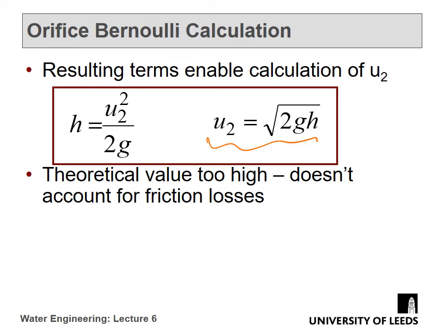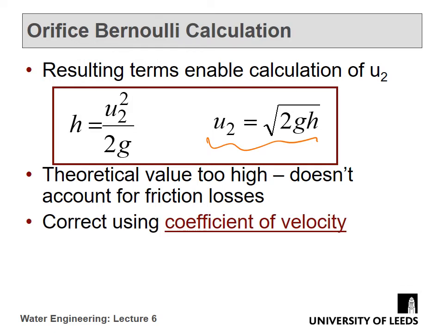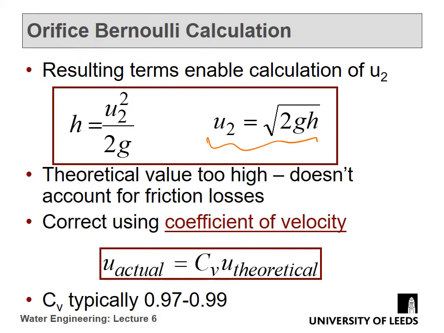We need to account for some friction, but it'll be only slightly less than that velocity. To account for friction, we apply what we call a coefficient of velocity, some number that is slightly less than 1, typically 0.97 to 0.99. So the actual velocity is the coefficient of velocity times the theoretical, which is this number, root 2gh.